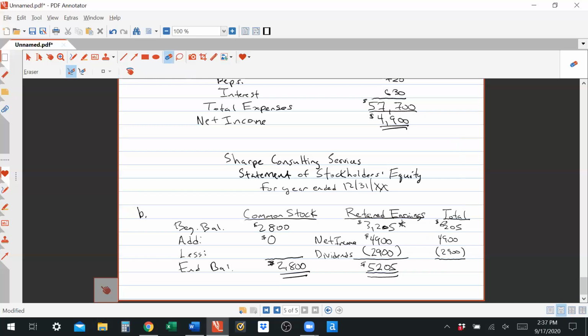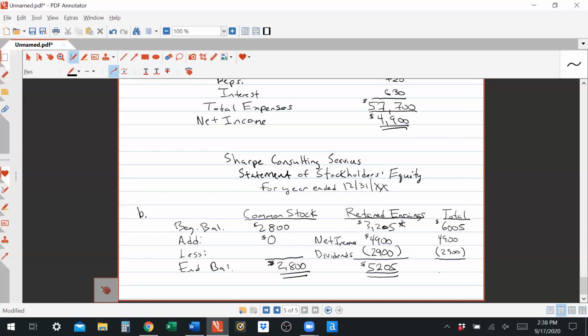So the beginning total then was 3205 plus 2,800, which is what? Trying to do math in my head. Let's do it really quickly with the calculator so I don't mess up. 3205 plus 2,800 is 6,005. Right.